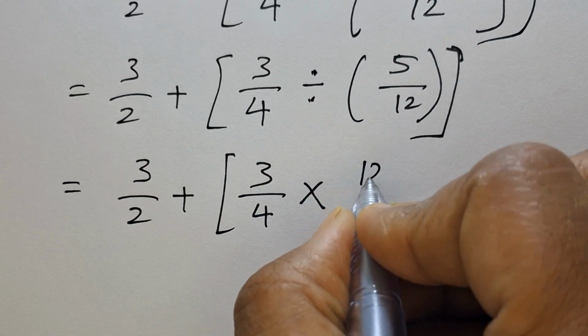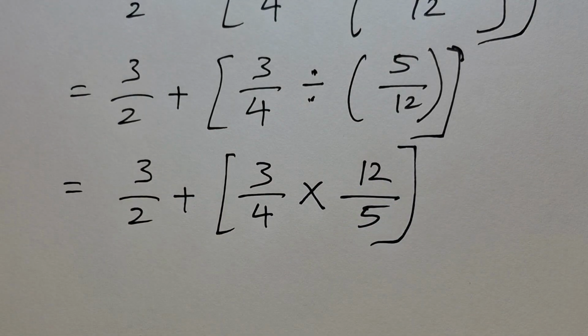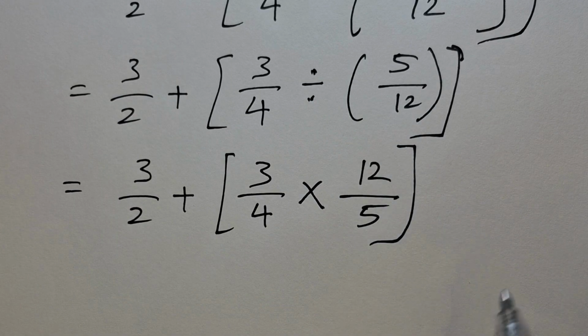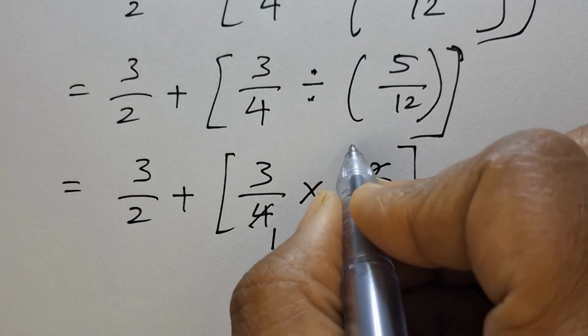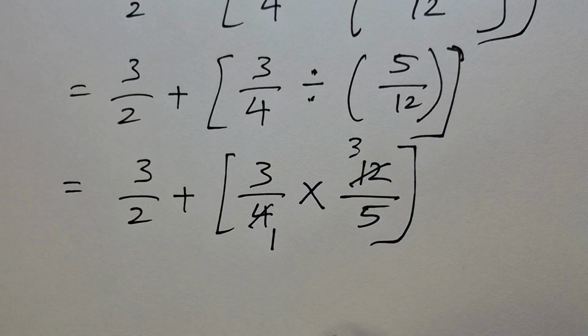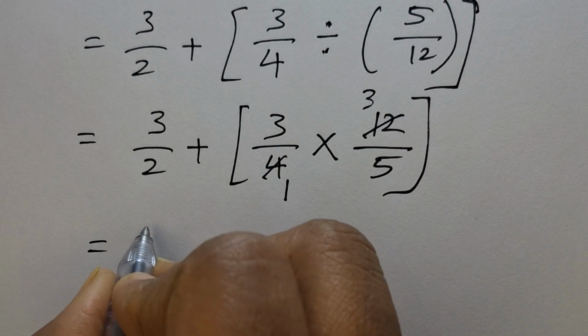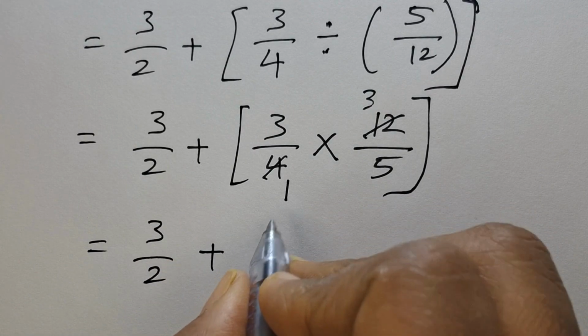Here we have the cancellation like 4 3s. So 4 1s and 4 3s you can cancel. So the next step is 3 by 2 plus 3 into 3 is 9, 9 by 1 into 5 is 5. So 9 by 5.